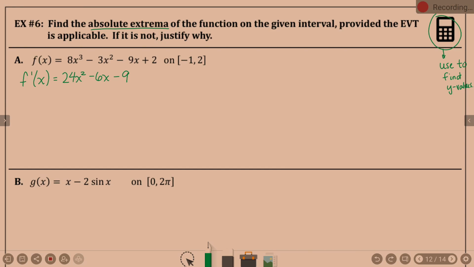Now, what's the first thing you notice? Factor out 3, the GCF of 3.